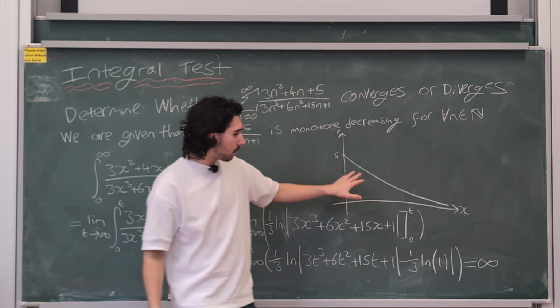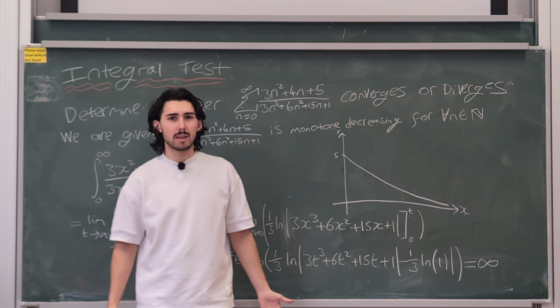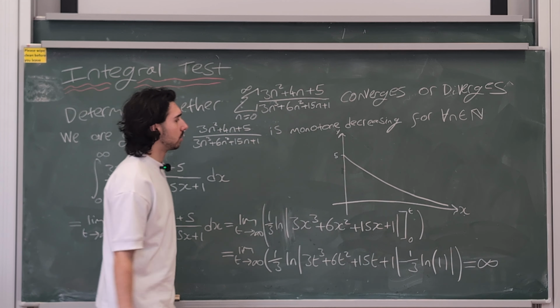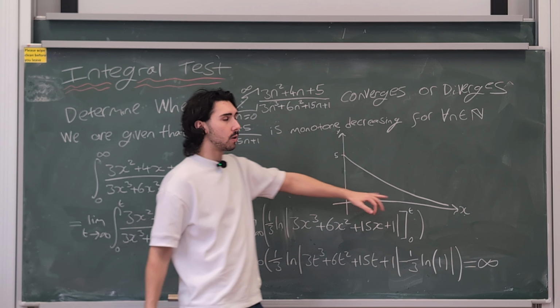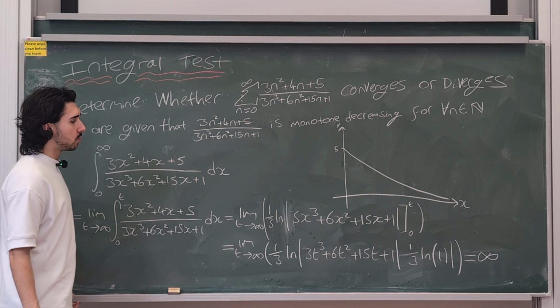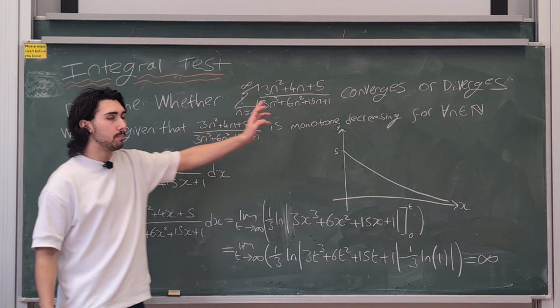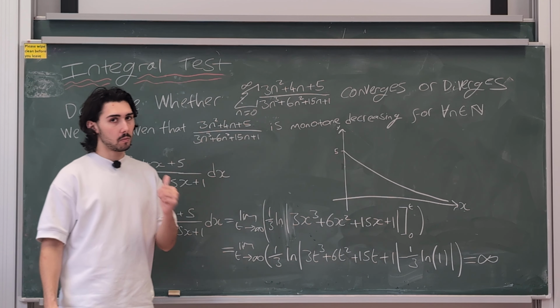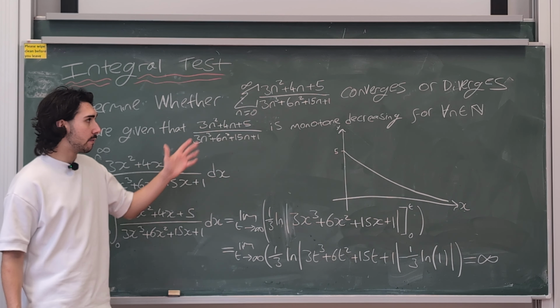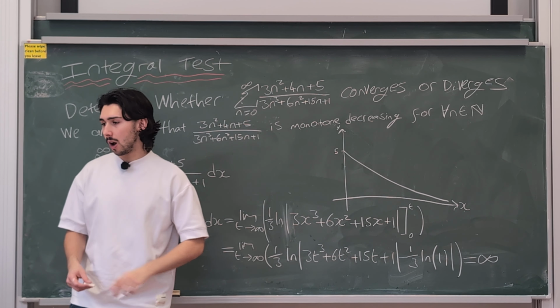If the area beneath this graph is infinity and we draw it below that, it doesn't actually mean that it's infinity. There's loads of infinite things that you could draw underneath this. So that doesn't help. The only way round this, if the integral diverges, is if we can show that the sum is always bigger than the integral, then we can show that the sum diverges.